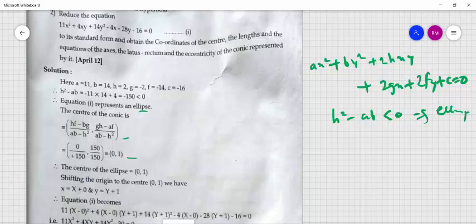This is the center. Now the first step, as discussed in the previous problem, the same type of work we have to do. This problem we have to break into smaller parts. First we find the nature of the conic, that is ellipse, by using h square minus ab calculation.